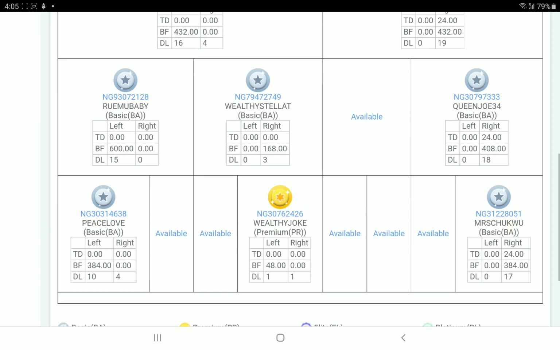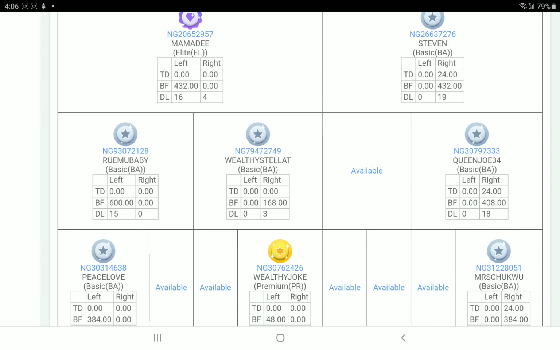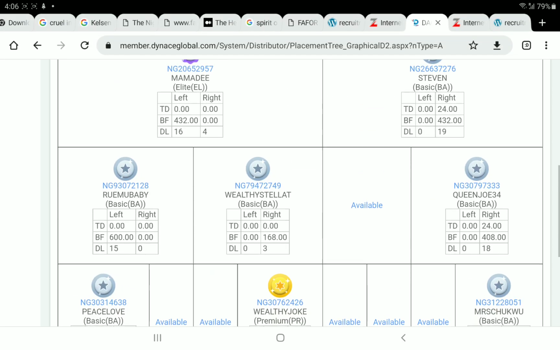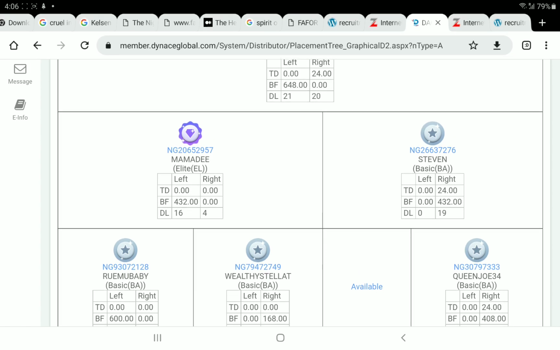Then if you check the last person here, Mrs. Shuku is placed on the right. If you look at all the registrations here, you are seeing 0 on the right, 0 on the left, 0 on the left. And don't forget, every time you do a registration, it opens up a binary. If you notice, Mama D has left and right, but the placement will focus only on the left, left, left, left, left, left, like that.